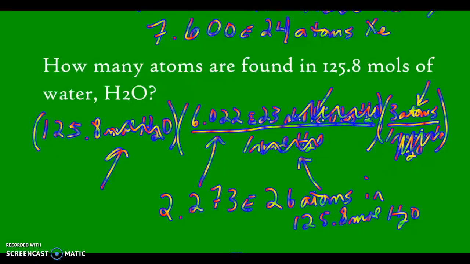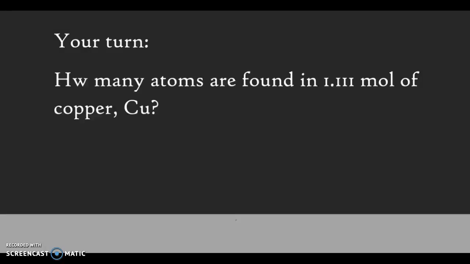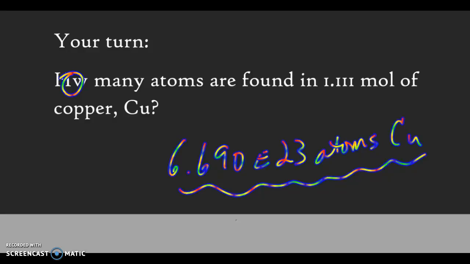Let's move on. Okay, your turn. I'm just going to put down the answers. I forgot an O there. How many atoms are found in 1.11 moles of copper? Hit pause, do some work. I'll be right back with the answer. That's what I got. Check your work. Next one.